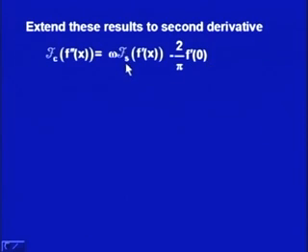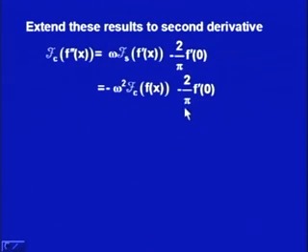Now, what is the Fourier sine transform of f'(x)? We would use the formula: it is minus omega times the Fourier cosine transform of f. So, minus omega times omega gives minus omega square times the Fourier cosine transform of f(x), and the second term is as such minus 2 upon pi f'(0).